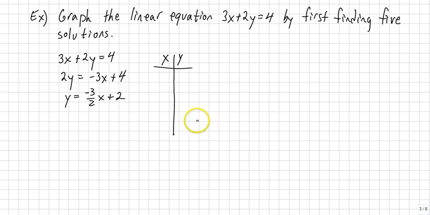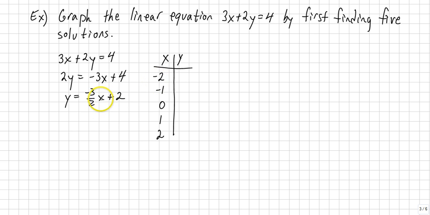So we're not going to be able to write them all out. I just asked you to find 5. So I just want you to pick 5 x values. So I'm going to pick -2, -1, 0, 1, and 2. And we're just going to plug those into this equation to see what y is.